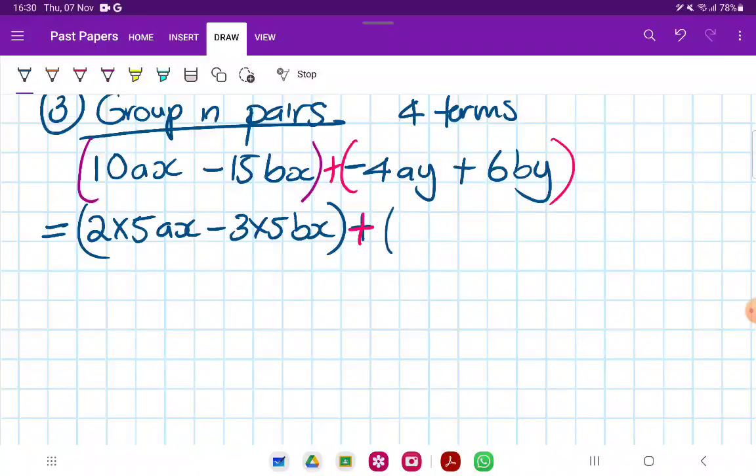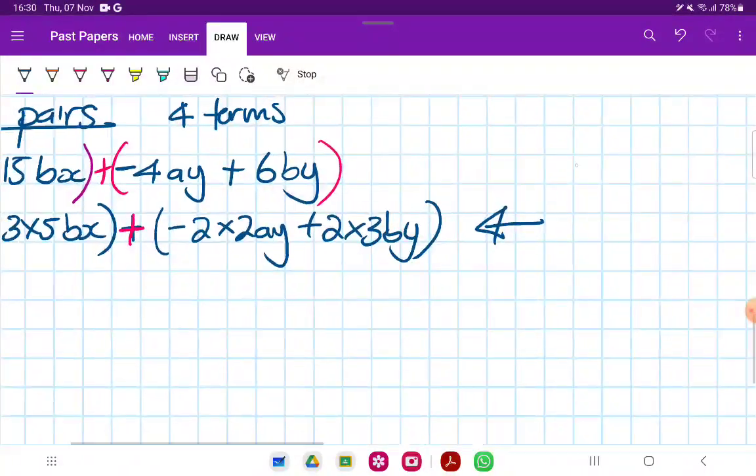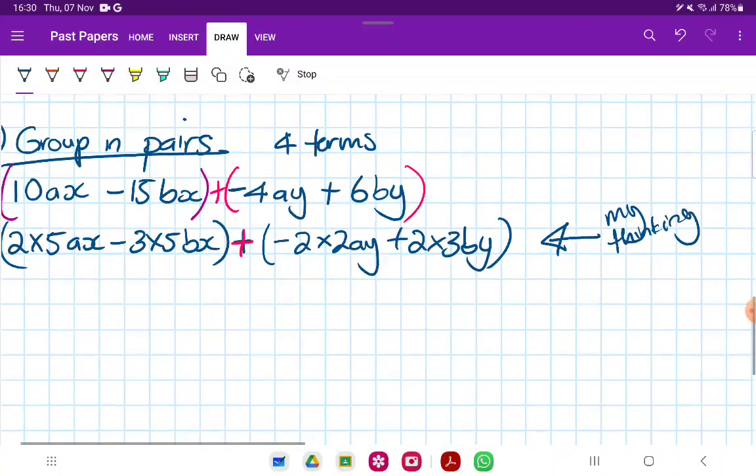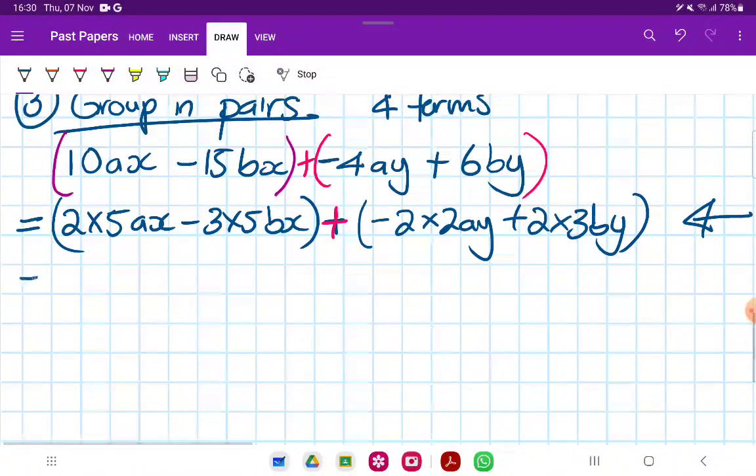And in my second one, I'm going to have minus 2 times 2ay plus 2 times 3by. This line here is just my thinking. If you skip this line and you don't write it down, it's okay. But I always write it so you can see what I am doing.